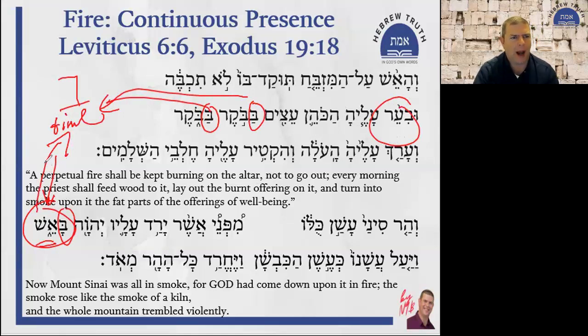God descended by fire, maybe even, if you will, accompaniment, accompanied by fire. So accompaniment or instrument, bet may be used in various ways.